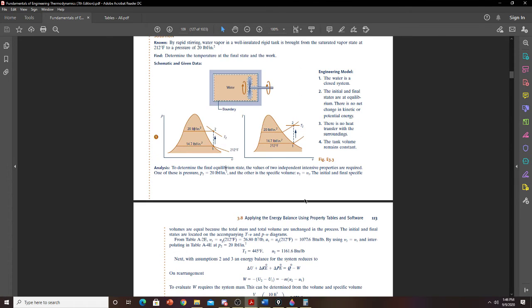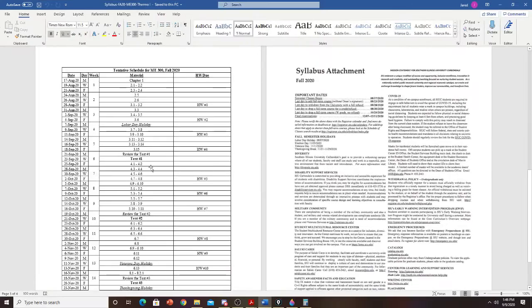So hopefully that makes sense to you guys, because this is probably going to be one of the last times that we sit down and do a lot of work in the tables. I'll still go through it on screen, right? But I'm not going to painstakingly explain every step. The reason why we did it today was because the only 2 chapters covered today were the EES, which is supposed to be how to find properties on a computer.